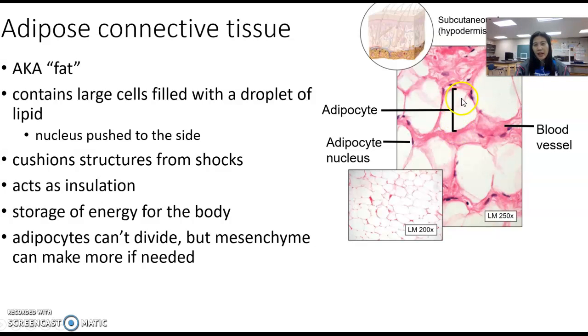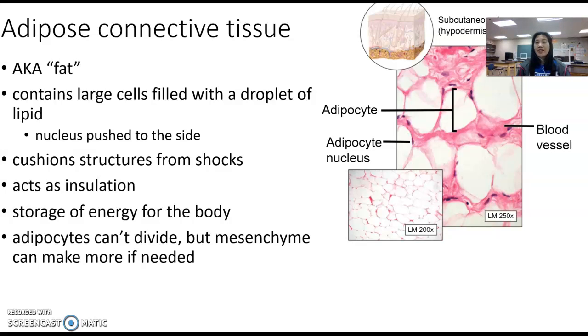This is your adipocyte. Okay, and your nucleus is just a little here. There are cushion structures from shocks, and this one acts as insulation. It stores energy for the body, so if you need energy, okay, this adipose connective tissue will provide you.